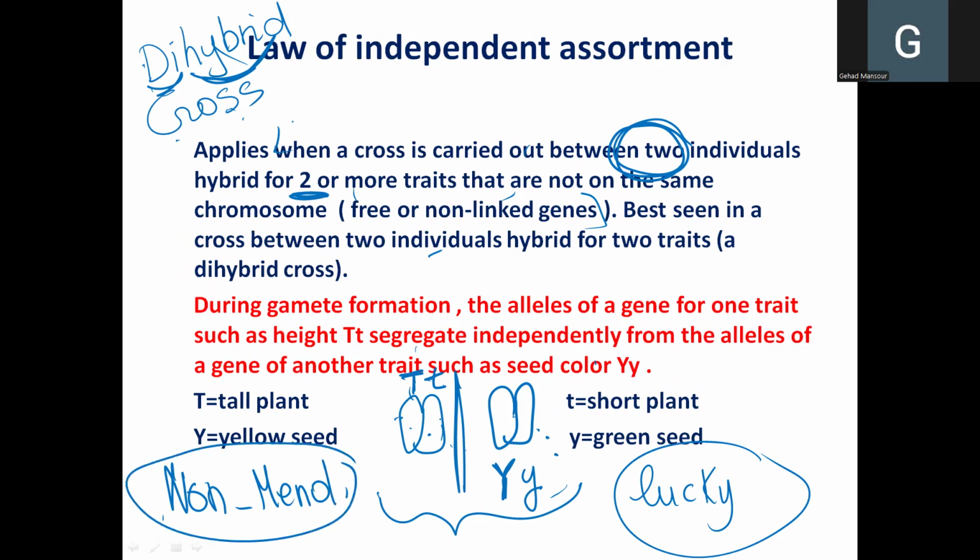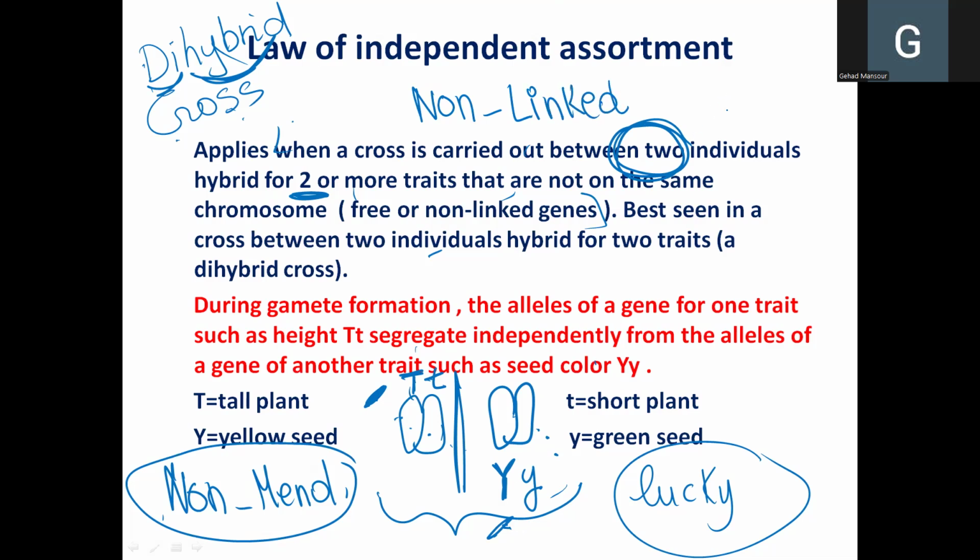Why was he lucky? Because accidentally, all the characteristics that he worked on, like the height of the plant and the color of the seeds, were present on different chromosomes. Present on different chromosomes, meaning that they were non-linked. It was an accidental finding.